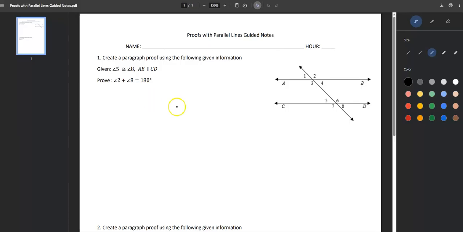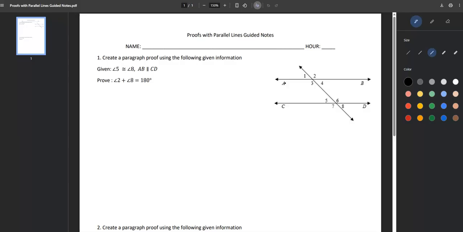And so as I look through this, I'm going to make a plan first, okay? So I know that it gives me angle 5 and angle 8 are congruent to each other. That's given to me, but they're also vertical angles, so they should be. And then I have line AB and line CD are parallel to each other.